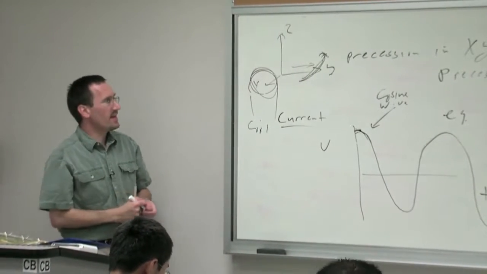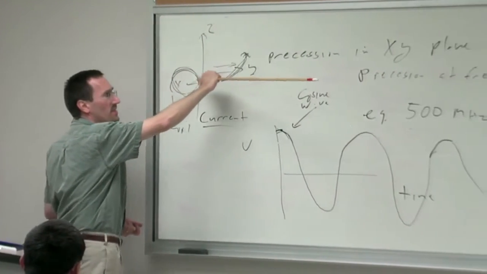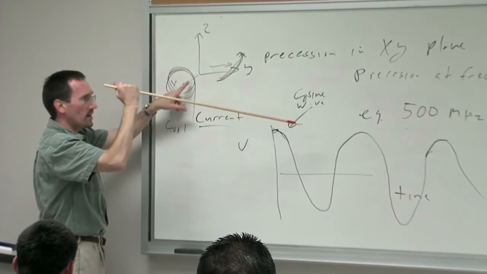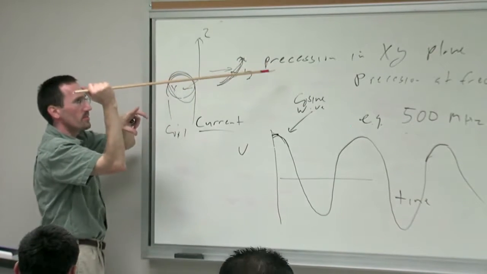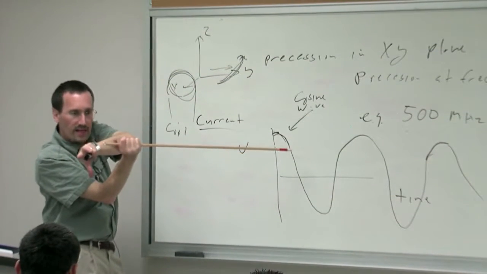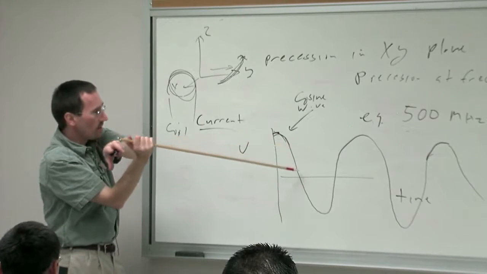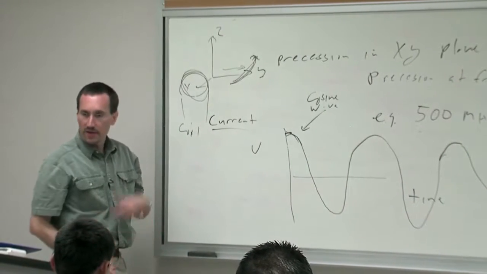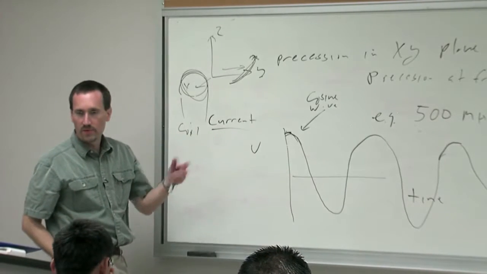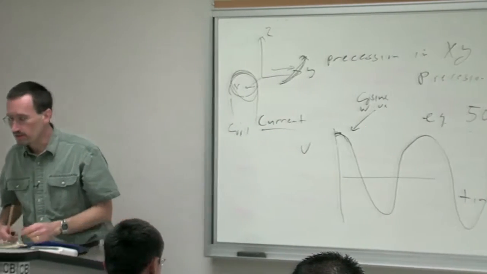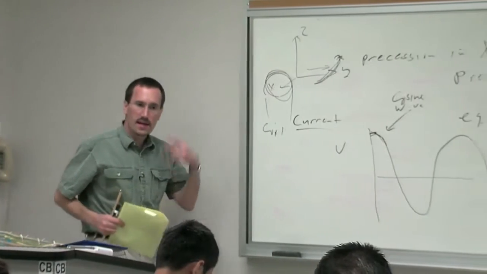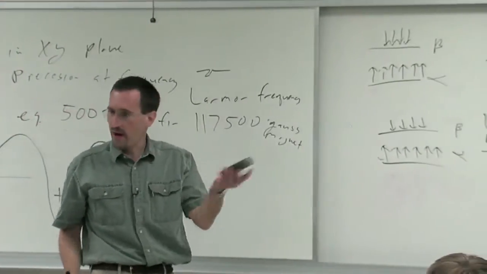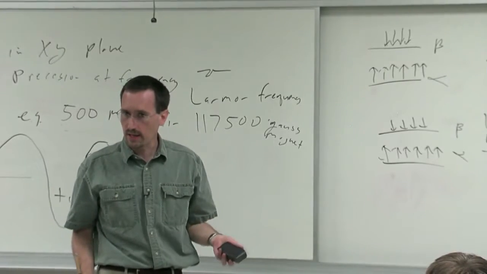But what that's saying is as the vector is like this in relation to the coil, your voltage comes to a peak, and then as it gets along the negative x-axis, you come down, and it gets to the negative y-axis and it comes up. And for your 117,500 Gauss magnet, we're going ahead and having this frequency be 500 million cycles per second.